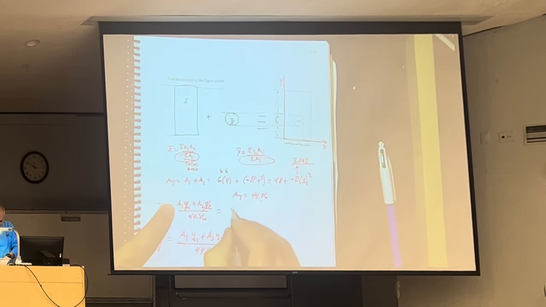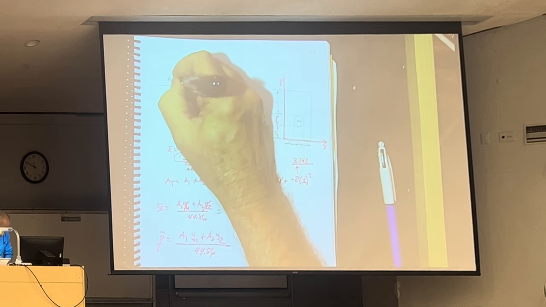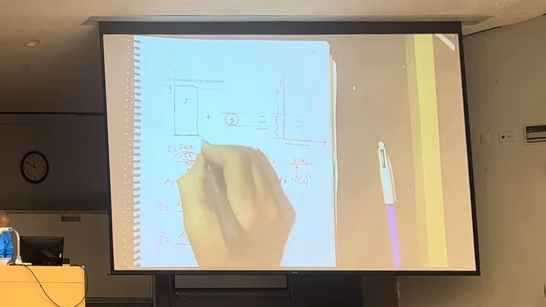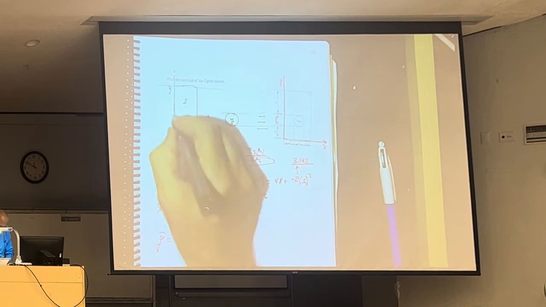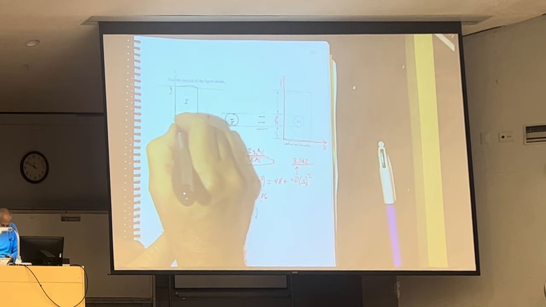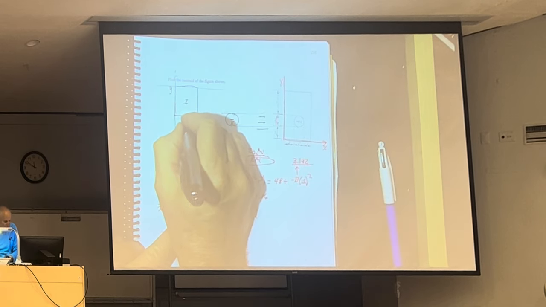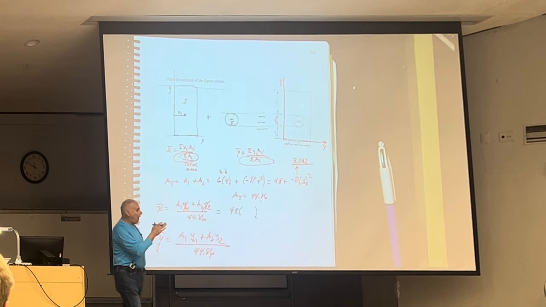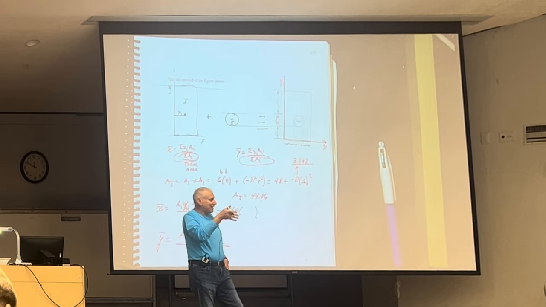Well, area 1 is 48 times its distance x1. Again, remember, x1 is from the y-axis over to the center of the rectangle.